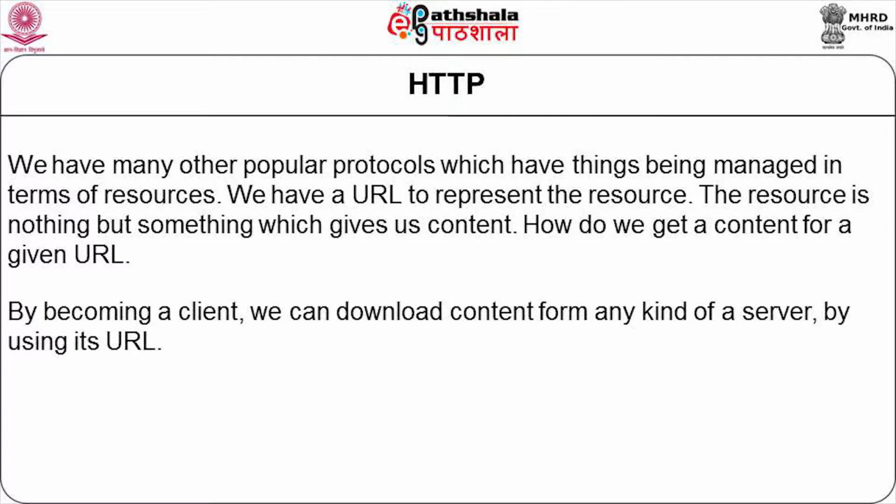You have a URL for the resource, and the resource is some point which gives us content. So, how do we get content for a given URL? That is, becoming a client to download content from any kind of server.